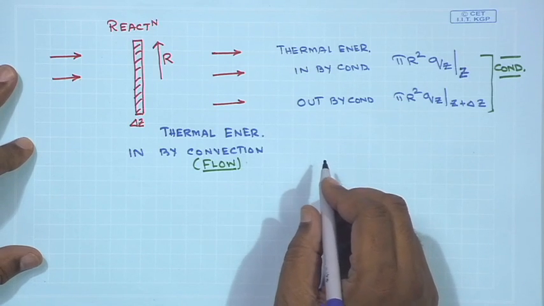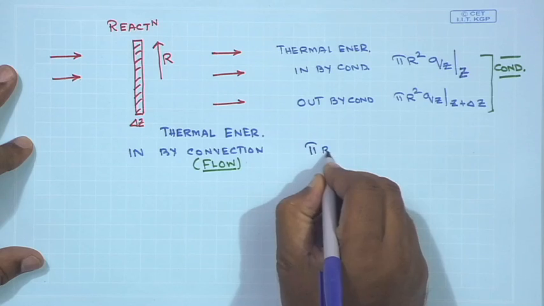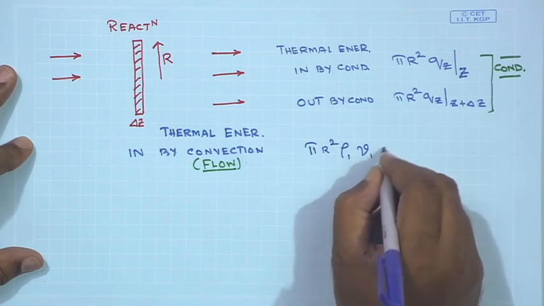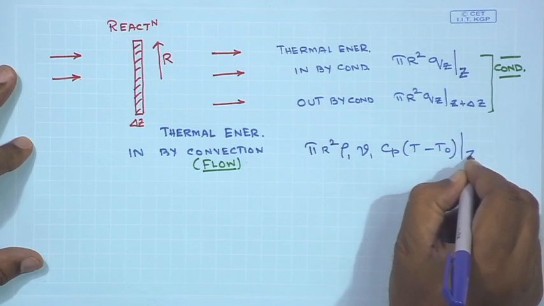So, the thermal energy in by convection due to flow, as I said, would be pi r square rho velocity Cp T minus T0 evaluated at Z.